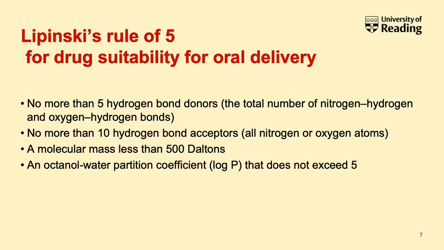So those are 4 rules, all with 5 linked in them. 10 hydrogen bond acceptors is 2 times 5, of course. That can be used as a very quick measure of whether your drug is likely to be able to be formulated for oral delivery.